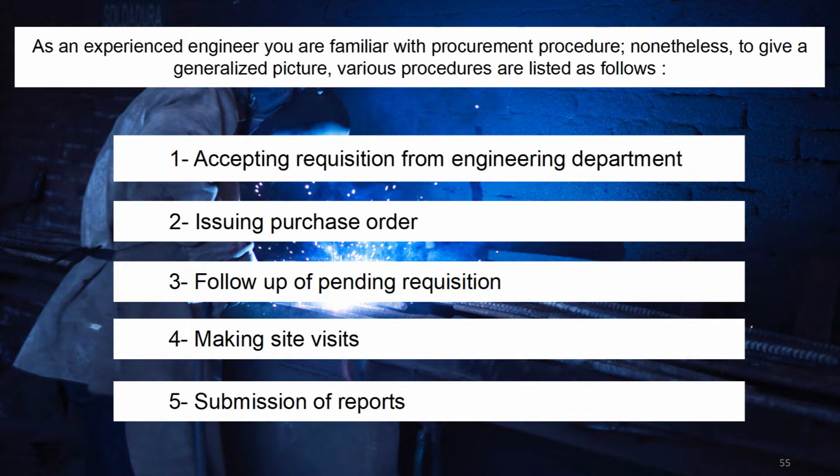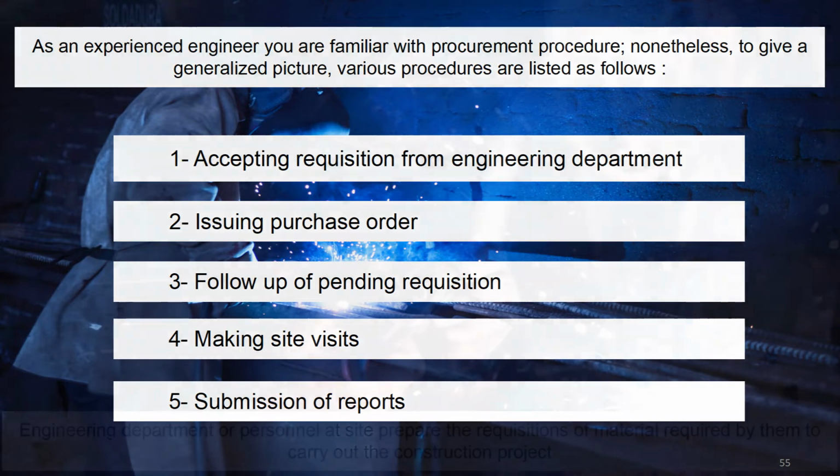Make a site visit. What is going on there? Then submission of reports about the material, about the inventory. All the reports should be submitted, and whether a supplier is delaying something or the quality is poor, all the things should come under the report.